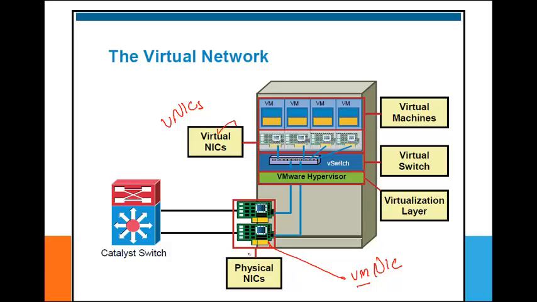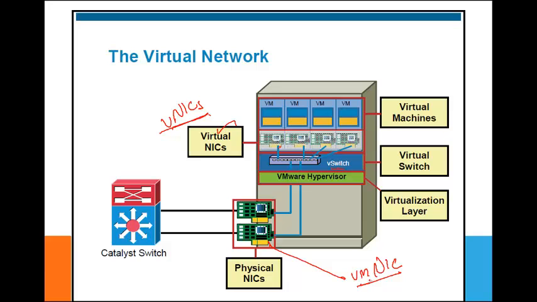No, it is vMNIC. Right now it is dedicated to vMotion. It's vMNIC. But this one we call vNIC, which is there on the V switch. The software NIC cards on the V switch, we call vNIC, not vMNIC. The physical NIC card we call vMNIC.